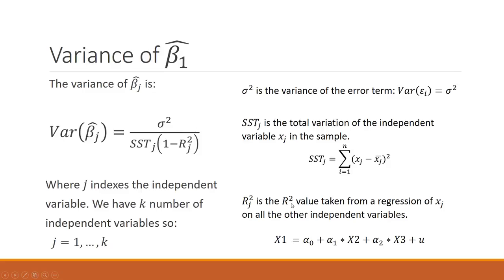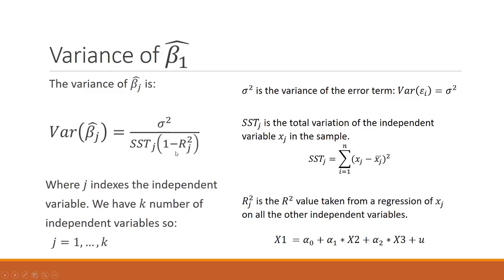It would be the R squared taken from the regression of x1 on x2 and x3. This is where you would treat x1 as the dependent variable and x2 and x3 as the independent variables. And I'm using alpha to note the coefficients in this regression. So this is the coefficient on the intercept term, this is the slope coefficient on x2, and this is the slope coefficient on x3, plus some error term.